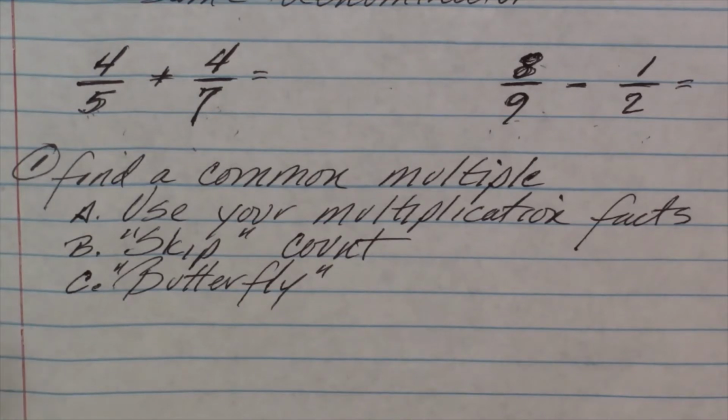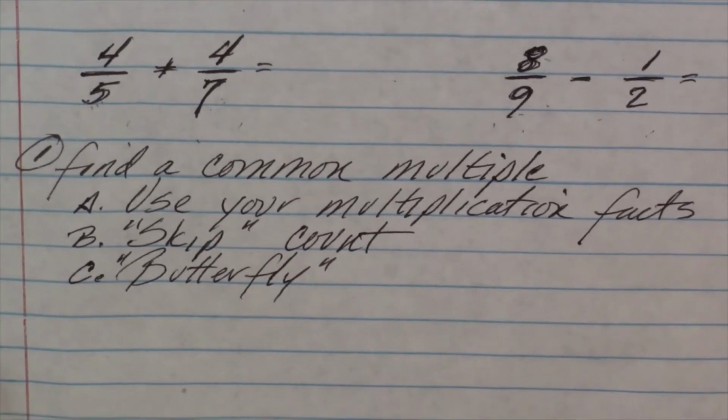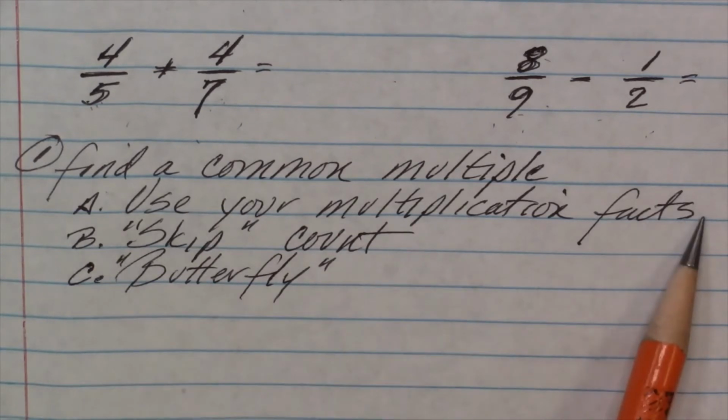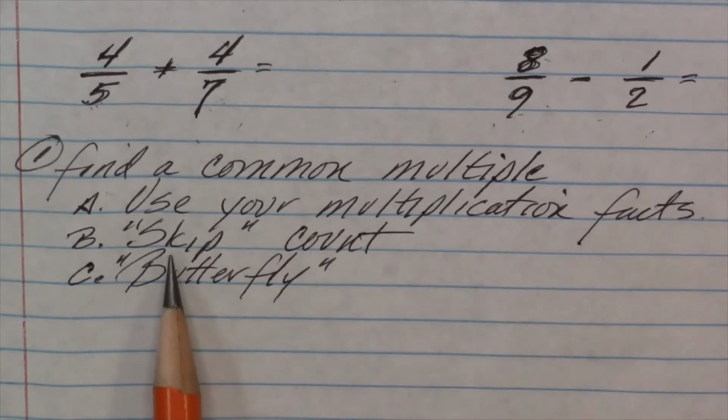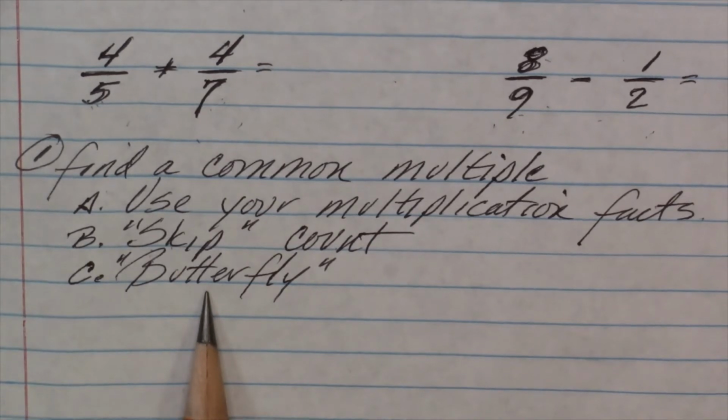But if you can't find the least common multiple because you're still working on your multiplication facts, then you can find a common multiple, and later on we'll show you how to reduce the fraction anyway. So it says find a common multiple. Now you can use your multiplication facts. I can show you again how to use skip counting. You can skip count to find it. And for lack of a better word, I called it butterfly. And what you do there, I'll explain when we get there.